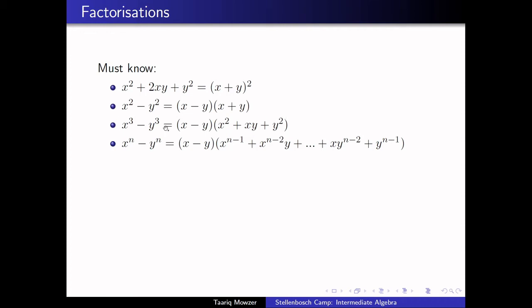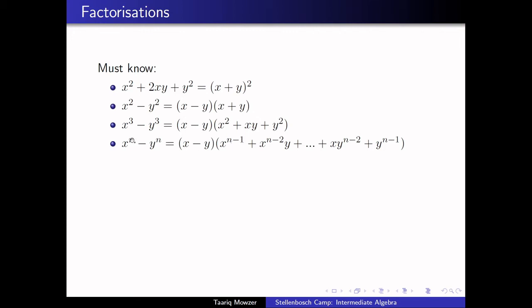Next, we have difference of cubes. It starts off similarly, x minus y, and then you have x squared, so one less than the cube, plus xy plus y squared. How you can remember this is by mostly just the general formula, which all of these share the first term with. When you have x to the n minus y to the n, your first term is x minus y, so just these two numbers subtracted. Then you have x to the power of n minus 1.